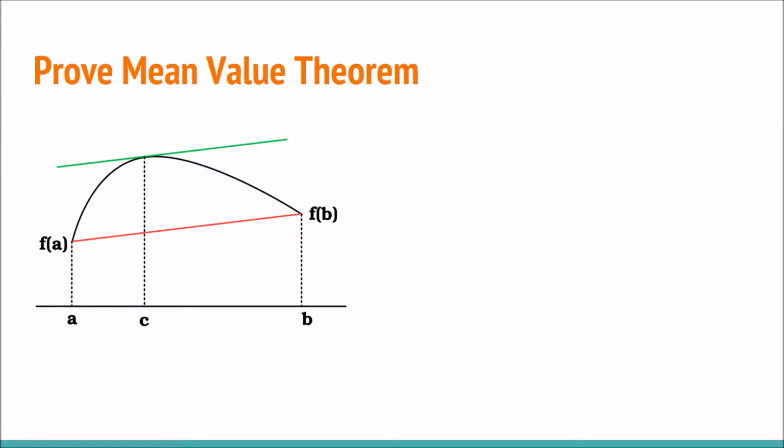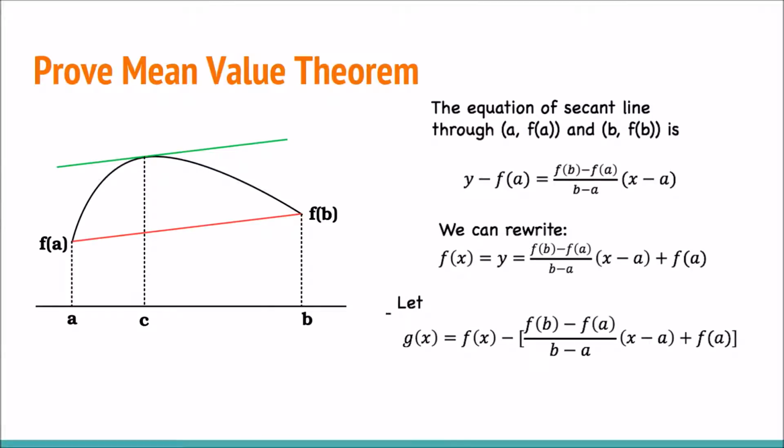To prove the mean value theorem, we start with the equation of a secant line through the point a, f of a and the point b, f of b.